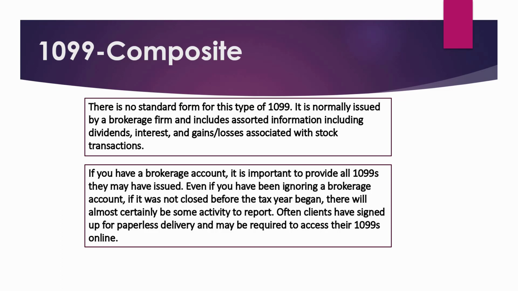Even if you've been ignoring a brokerage account, if it wasn't closed before the beginning of the tax year, there will almost certainly be some activity to report. You may have signed up for paperless delivery, and you may need to log into your account and open those tax forms and either email us those or print them out and get them to us. If you will, please get us all your 1099s.